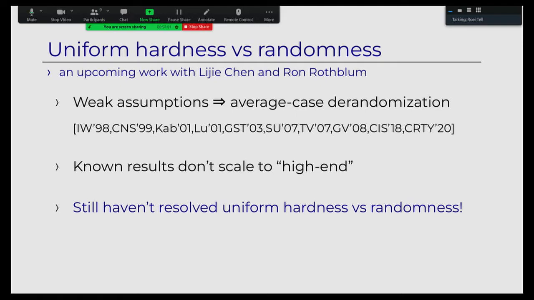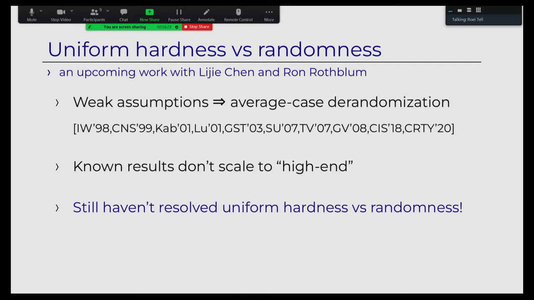We have these results for non-uniform lower bounds, circuit lower bounds, and PRGs, and we have results here for lower bounds for algorithms and corresponding PRGs that work only on average. And the thing is, I kind of missed it throughout the first several years of my PhD, that this isn't resolved yet. It started in the late 90s and it's not done. We don't know how to scale these results to the high end.